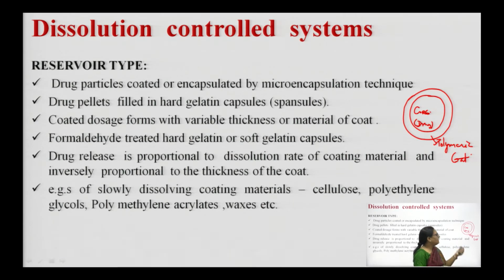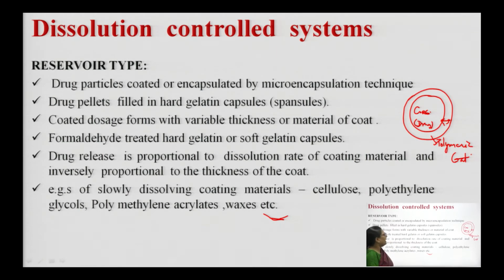Now, the rate of release of drug from this system will depend upon the thickness of this coat. The larger the thickness of the coat, the slower will be the dissolution. Secondly, it will depend upon the rate of dissolution of this polymeric coat. So, these two parameters become important when we are formulating reservoir type of dissolution controlled systems.